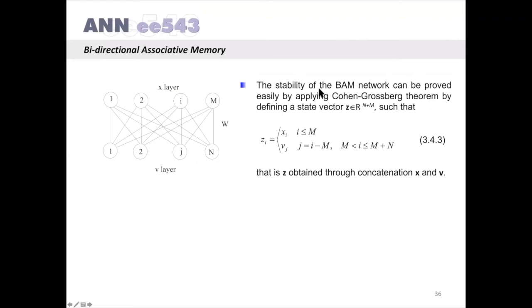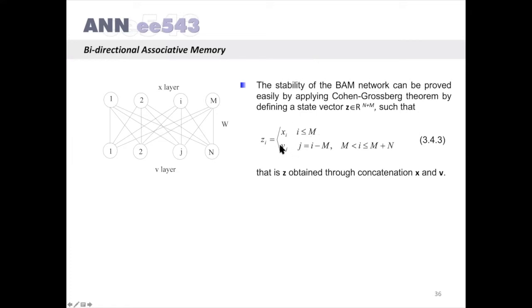The stability of the BAM network can be proved easily by applying the Cohen-Grossberg theorem by defining a state vector z element of R^(n plus m) such that zi is equal to xi for i from 1 to m, and it is equal to vj for j equal to i minus m when i is larger than m.